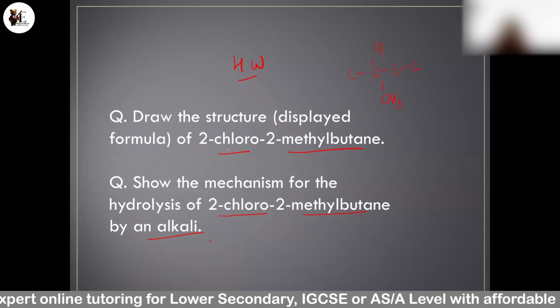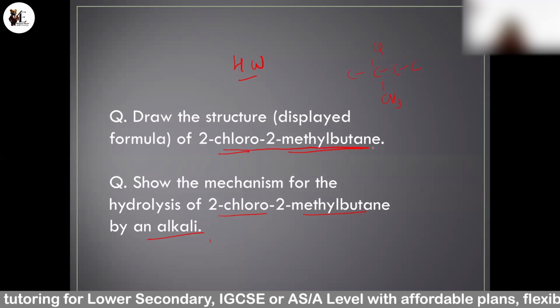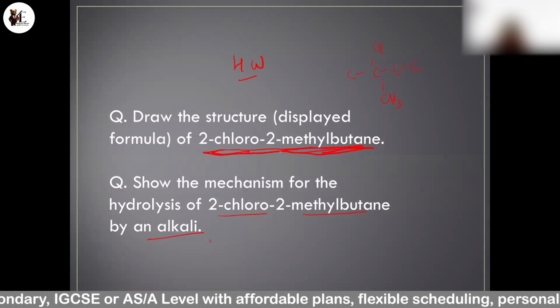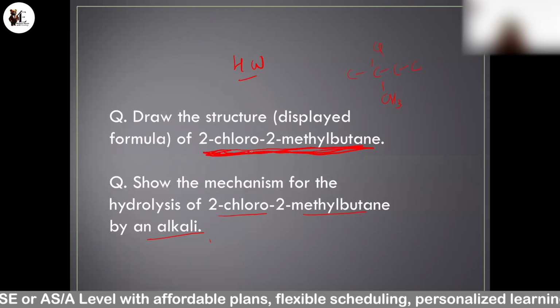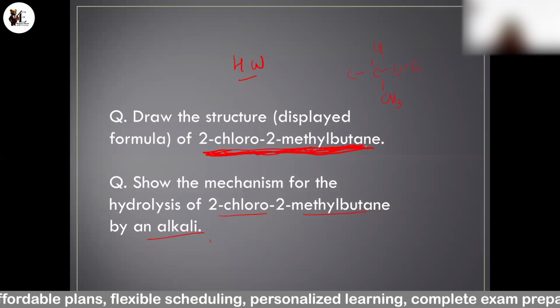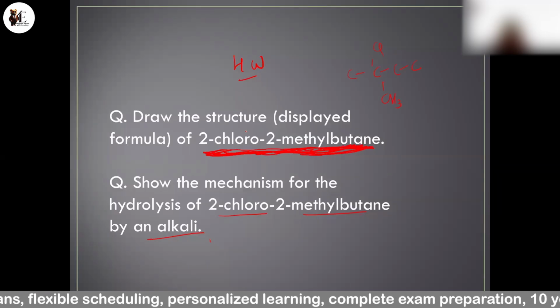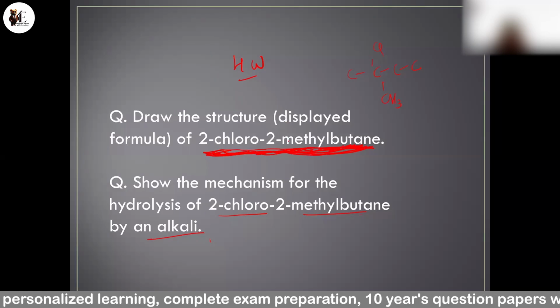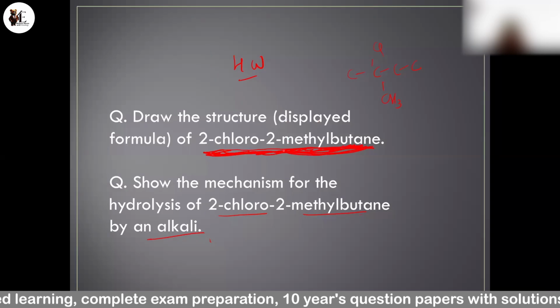Is 2-chloro-2-methylbutane a primary, secondary or tertiary halogenoalkane? Which halogenoalkane is it? Draw the structure and tell me.